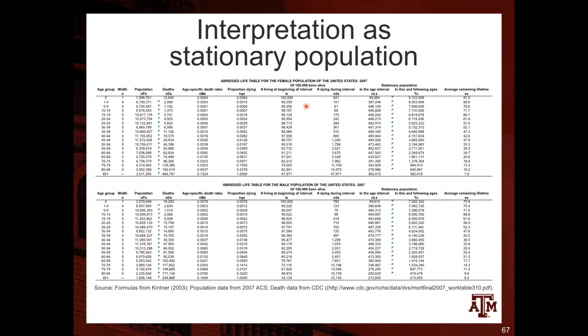So here are the life tables estimated for the US, in this case for 2007, and this is for women and this is for men. So this big L x n column, if it's reasonable to think that the age-specific death rates are stable over time.